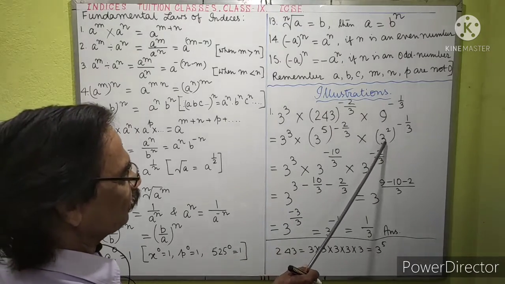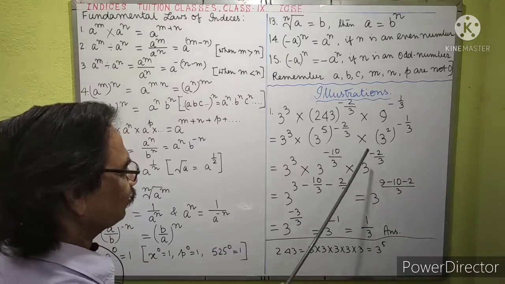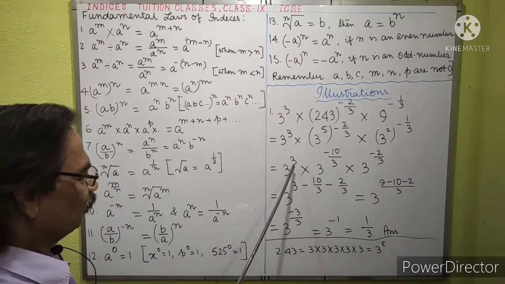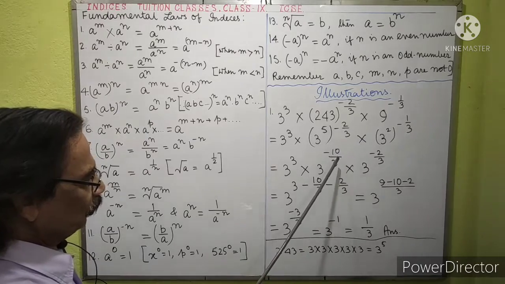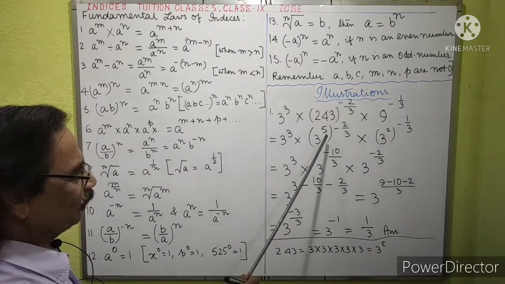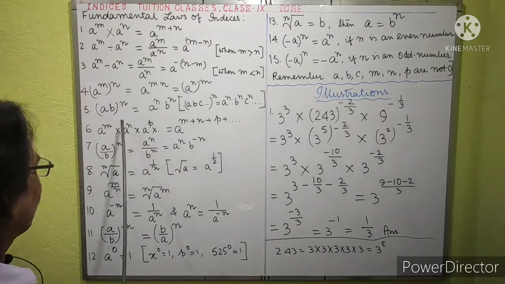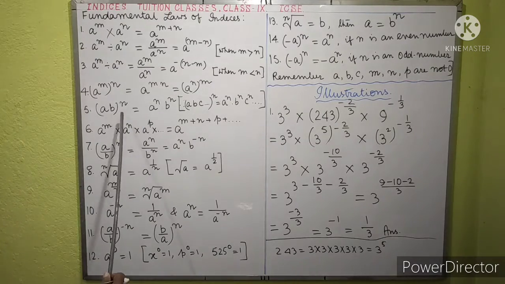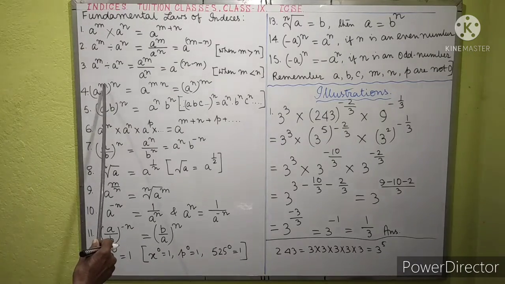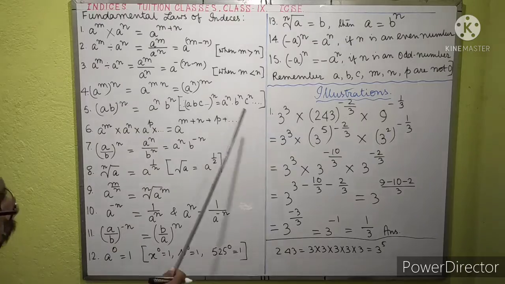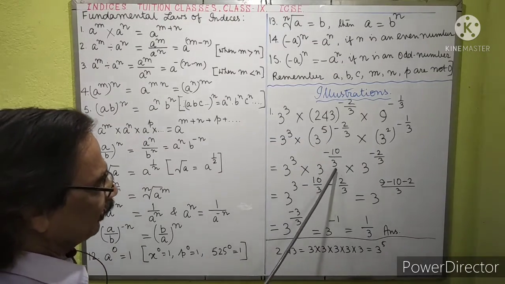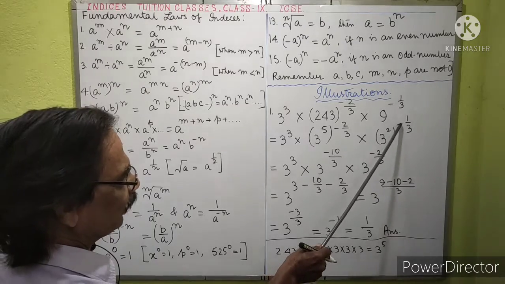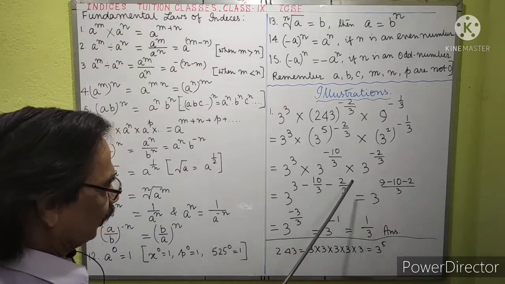And 9 equal to 3 square, to the power minus 1 by 3. Solving this, we get 3 to the power 3 and 5 into minus 2 by 3, that is minus 10 by 3, because a to the power m to the power n equal to a to the power m into n, so it will be multiplied. And 2 into minus 1 by 3 is minus 2 by 3.